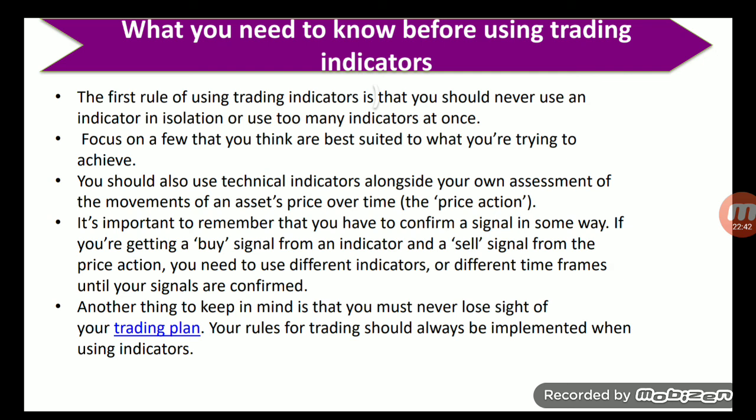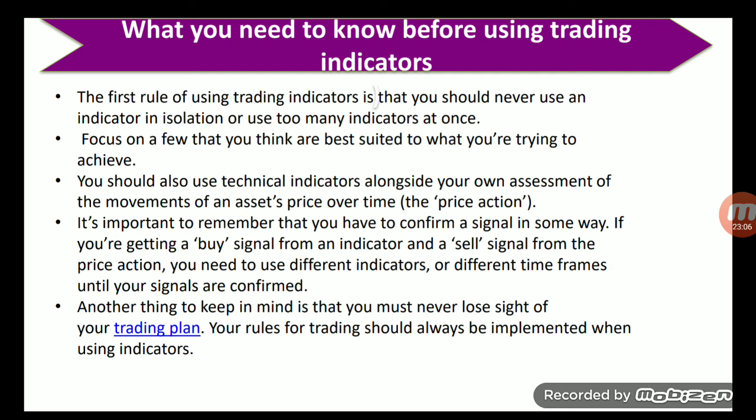It's important to remember that you have to confirm a signal in some way. If you are getting a buy signal from an indicator and a sell signal from the price action, you need to use different indicators or different time frames until your signals are confirmed.